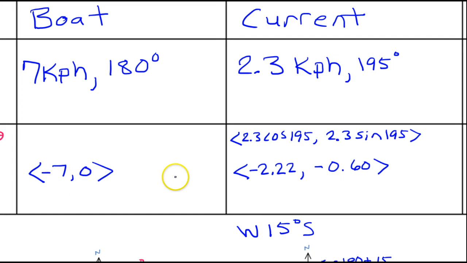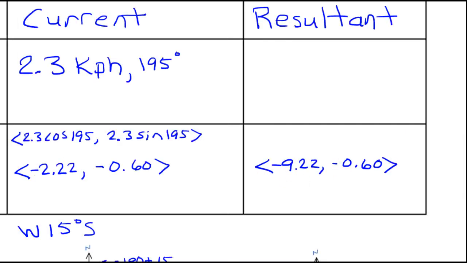So just add this vector and this vector together, adding the corresponding components together. So that gives you -9.22, -0.60. So this is the resultant vector.